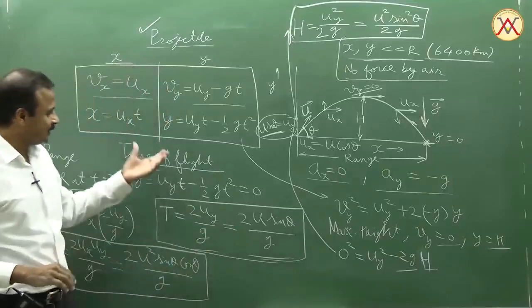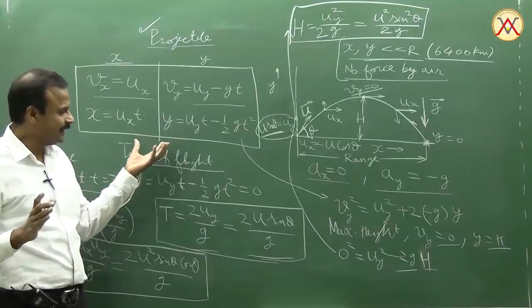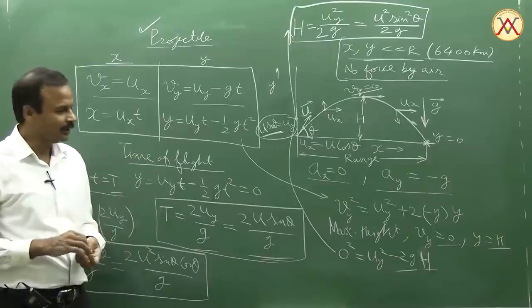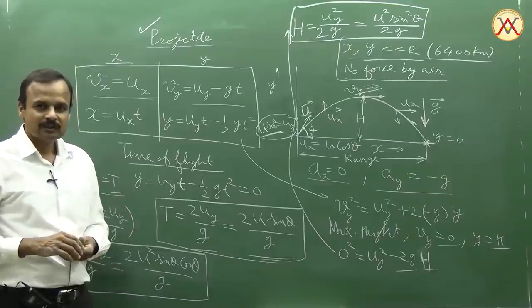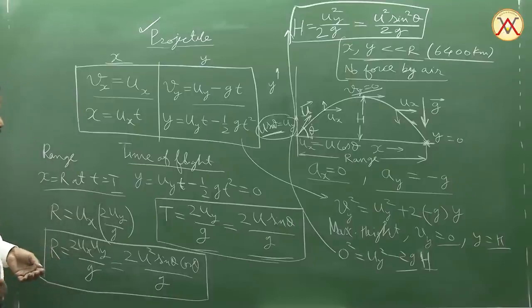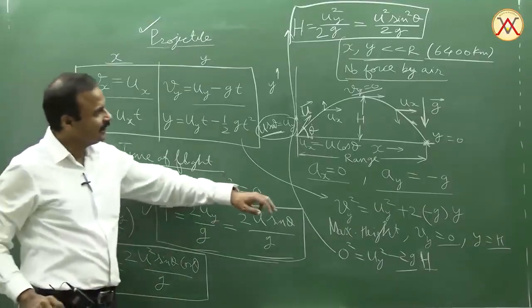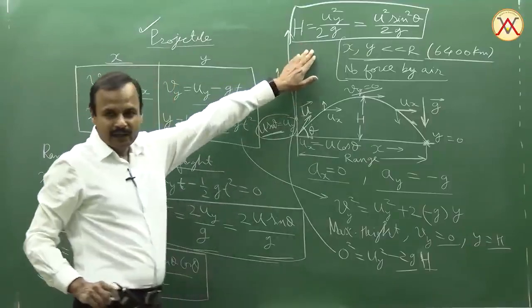So these are the basic equations with the help of which you can solve all the problems of projectile, and these are the three important formulas for time of flight, range and the maximum height.